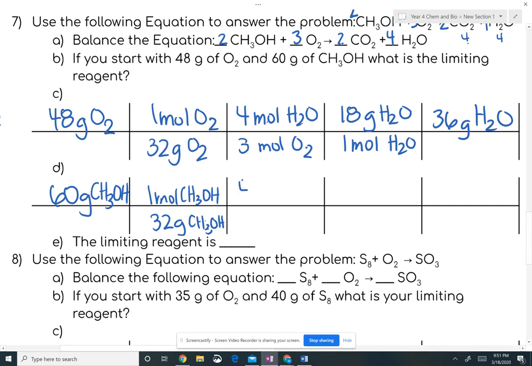So I'm going to have 4 moles of H2O over 2 moles of CH3OH, right? And then I'm going to make sure that I get that mole conversion going.